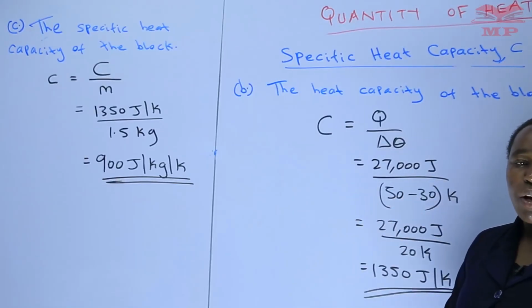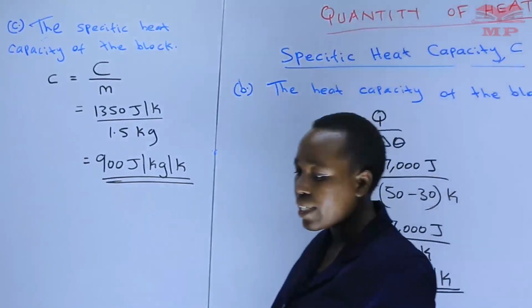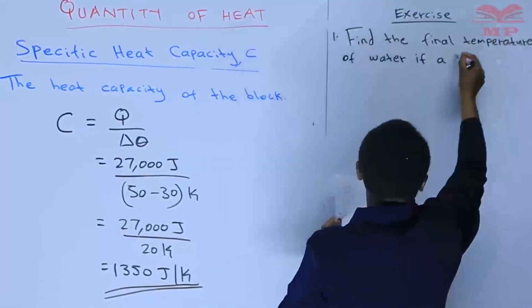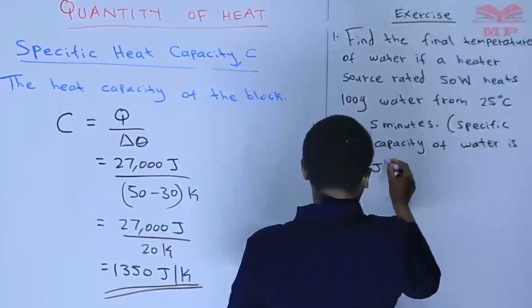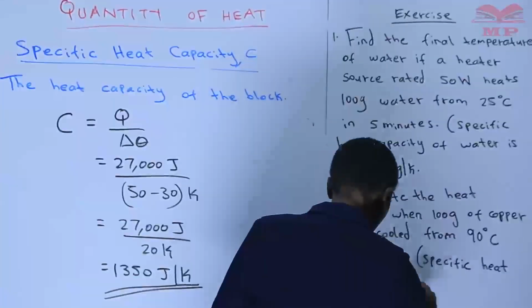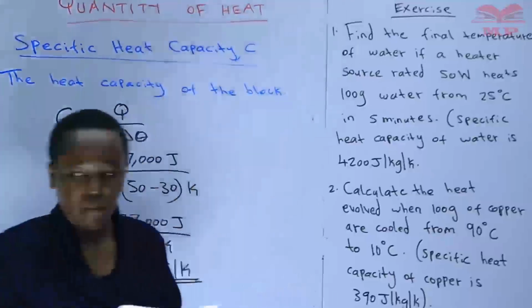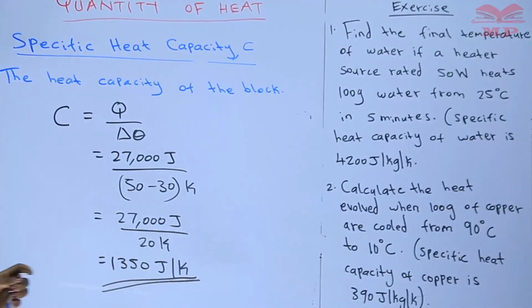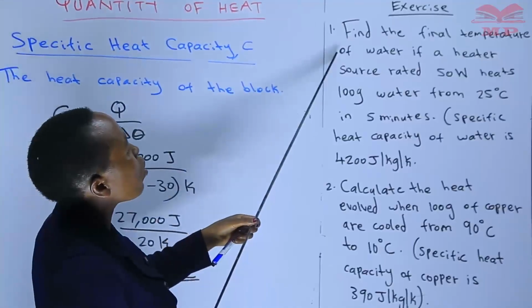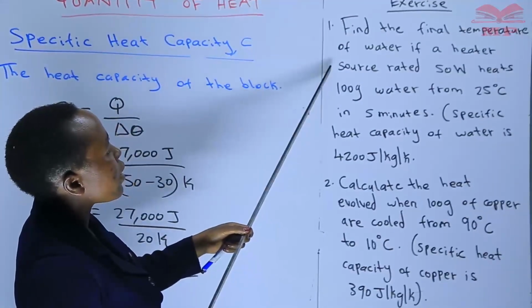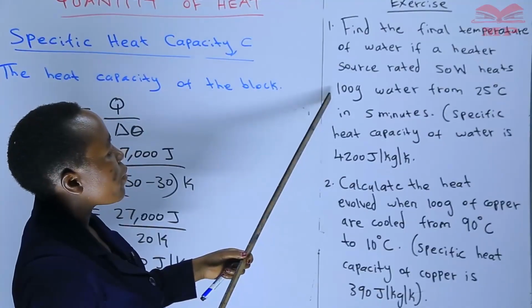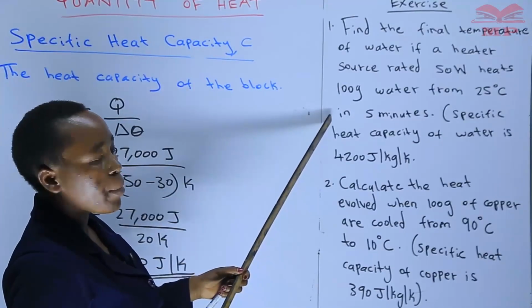So I'd like to leave you an exercise, 2 questions to attempt. Number 1, find the final temperature of water if a heater source rated 50 watts heats 100 grams of water from 25 degrees Celsius in 5 minutes.